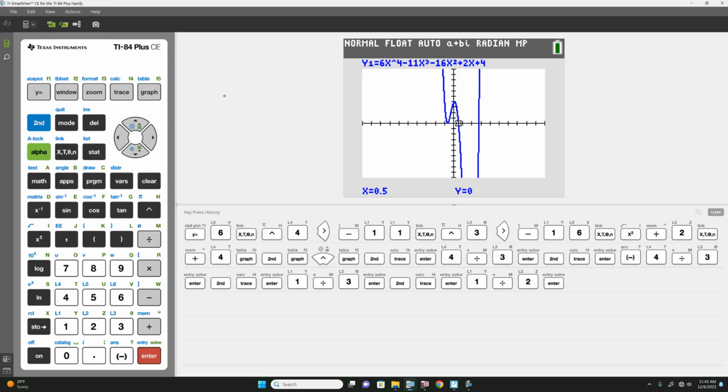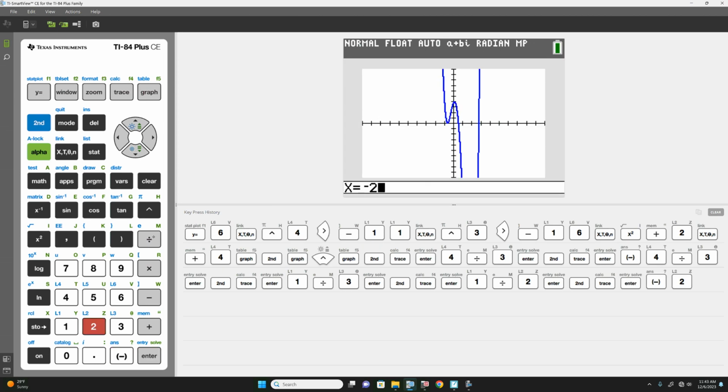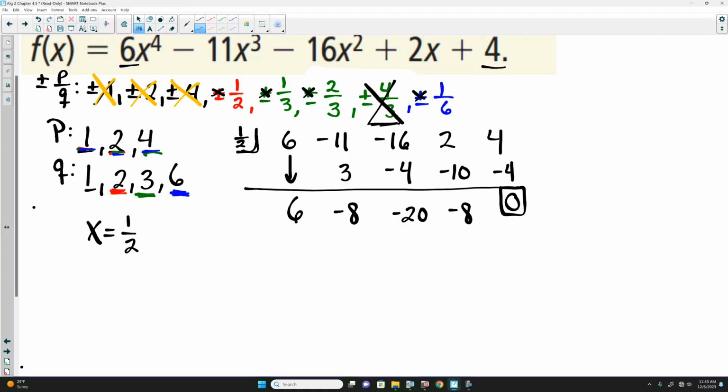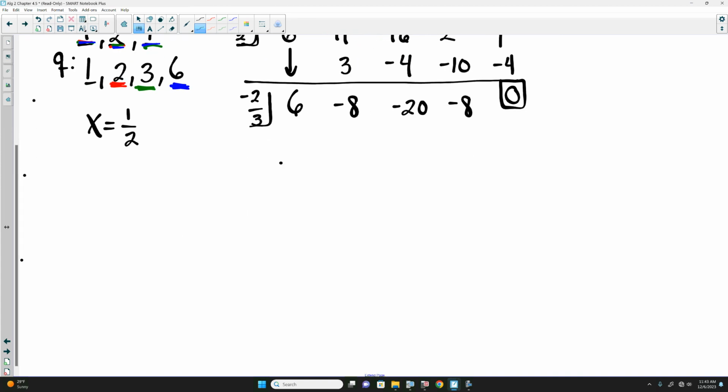Negative 2/3. Second trace value, negative 2 divided by 3 is 0. So now we can do this again with negative 2/3. We drop the 6.